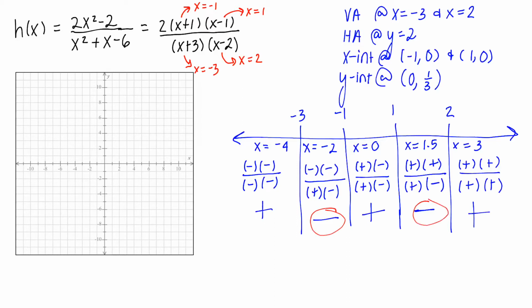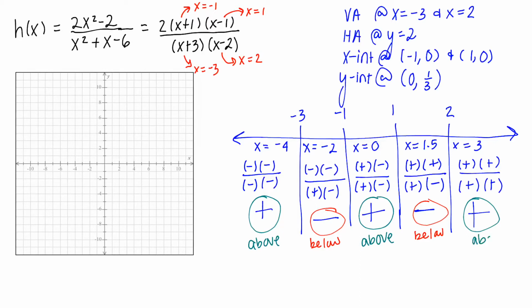The negatives are where the graph is going to be below the x-axis. And then the positives are where the graph is going to be above the x-axis. So on my graph, I'm going to start by graphing the asymptotes and intercepts, and then I'm going to use my entire beautiful sign chart to graph the most beautiful graph we've ever seen.